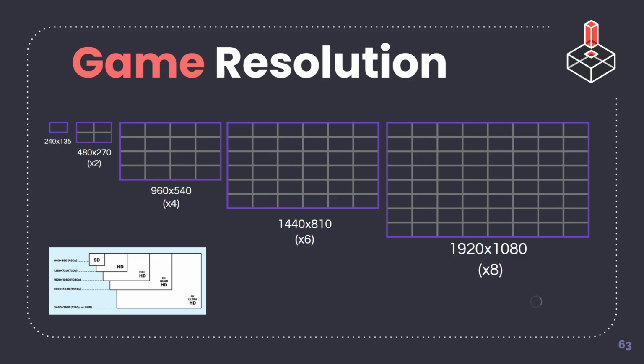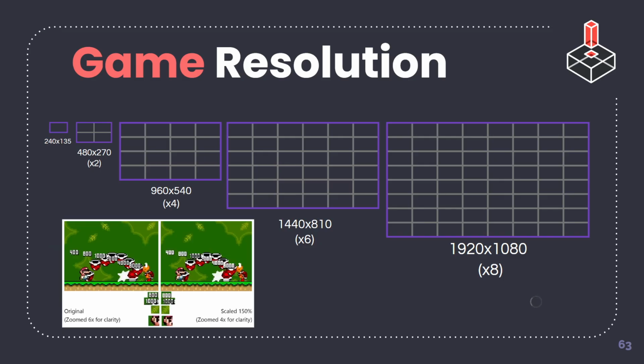To get to 720 from 240, you're going to find that it's in between 960 and 1440. If you multiply 240 by 5.333 and so on, you're going to get that 720p, and ultimately that's going to lead to this because we are not scaling by a full integer.